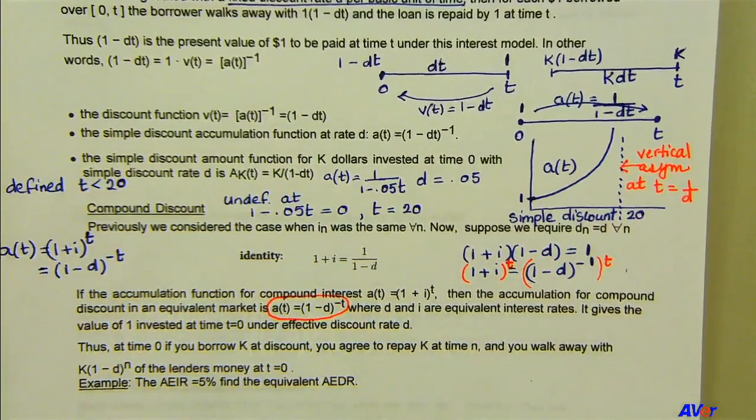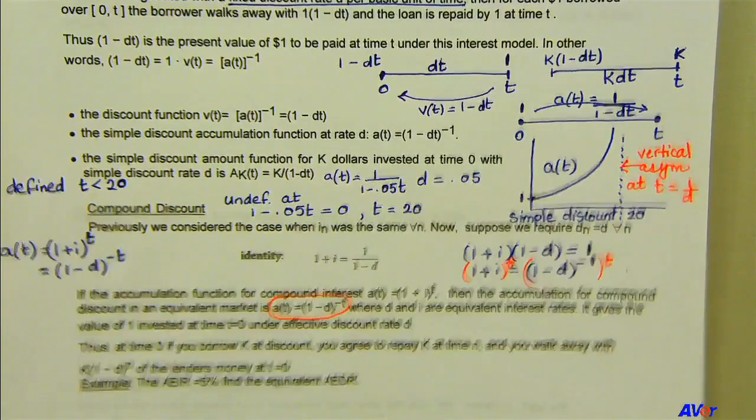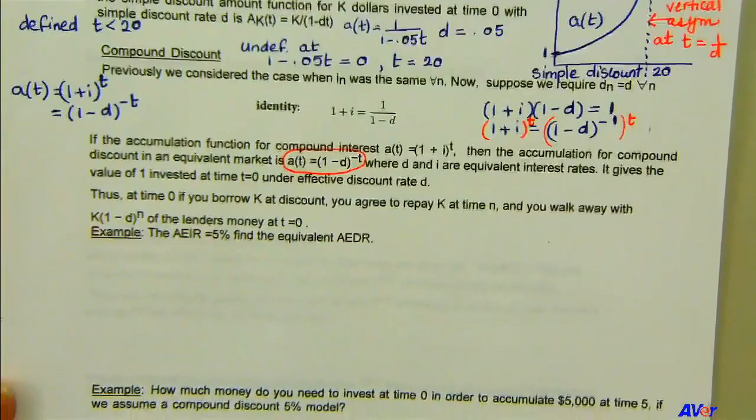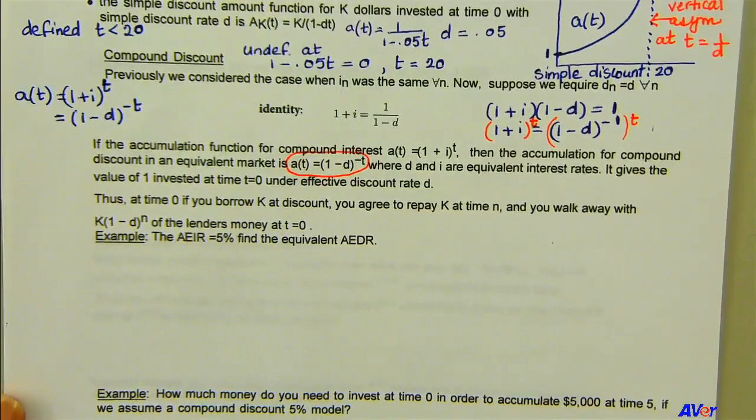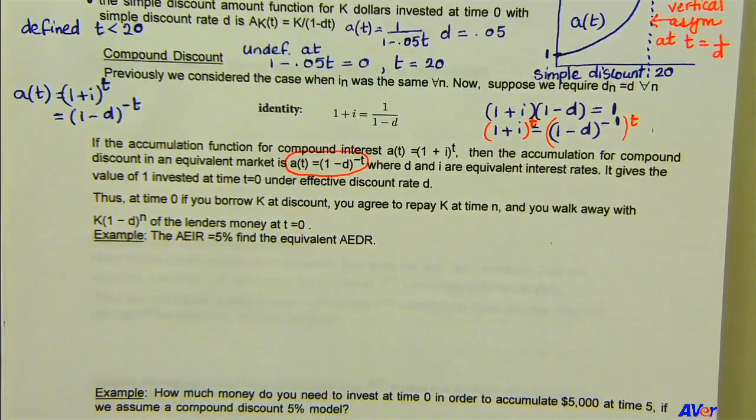Let's do an example. It says the annual effective interest rate is equal to 5%. Find the equivalent annual effective discount rate. Meaning i equals 5%, go find d.